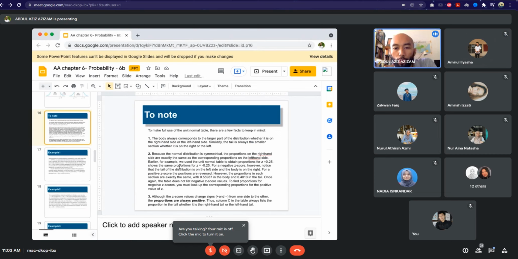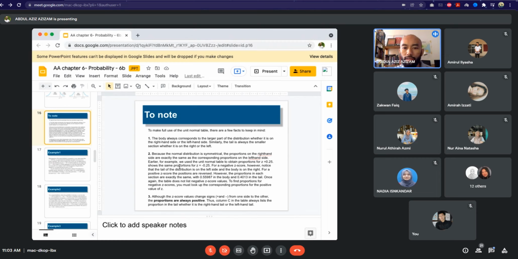So, the body always corresponds to the larger part of the distribution. This is something you need to note. The body always corresponds to the larger part of the distribution, whether it is on the right hand side or the left hand side. Similarly, the tail is always the smallest section, whether it is on the right or the left.